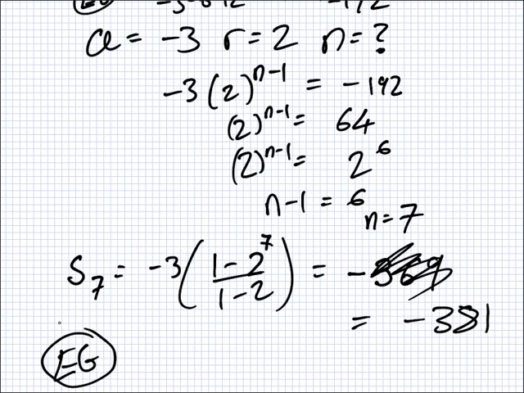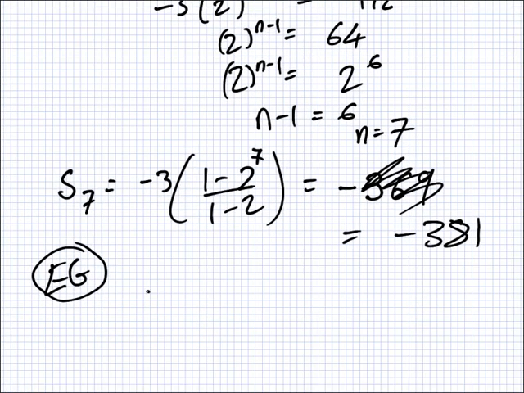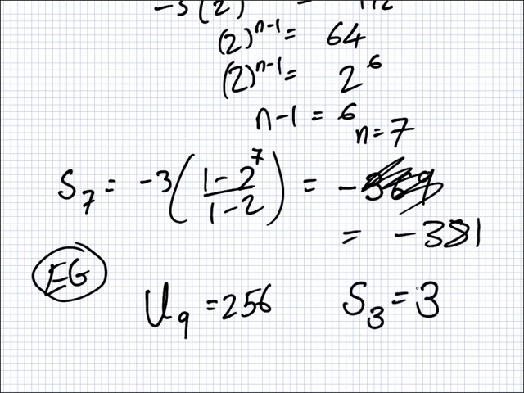Okay, now on to a tough one here. The 9th term is 256, and the sum of the first 3 terms is 3. Okay? Simultaneous again, but a very tricky one.